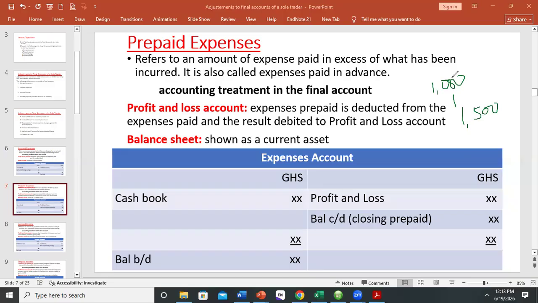Sir, please, I'll place 1,000 over there. You put in 1,000. Yes, please. Okay. But you have actually paid 1,500. So why not 1,500? Because the school fees is 1,000.